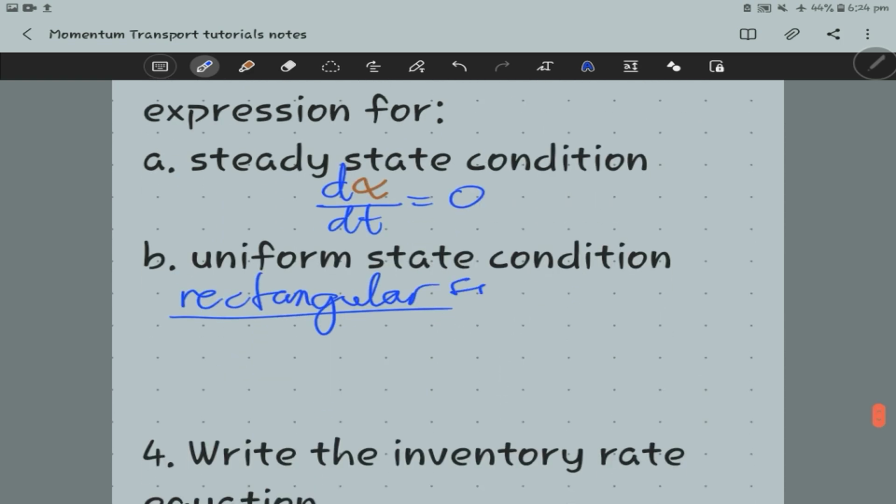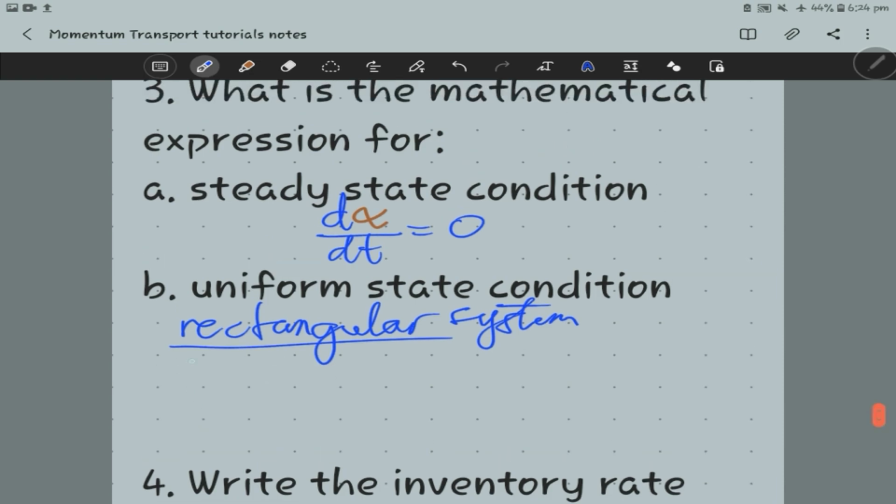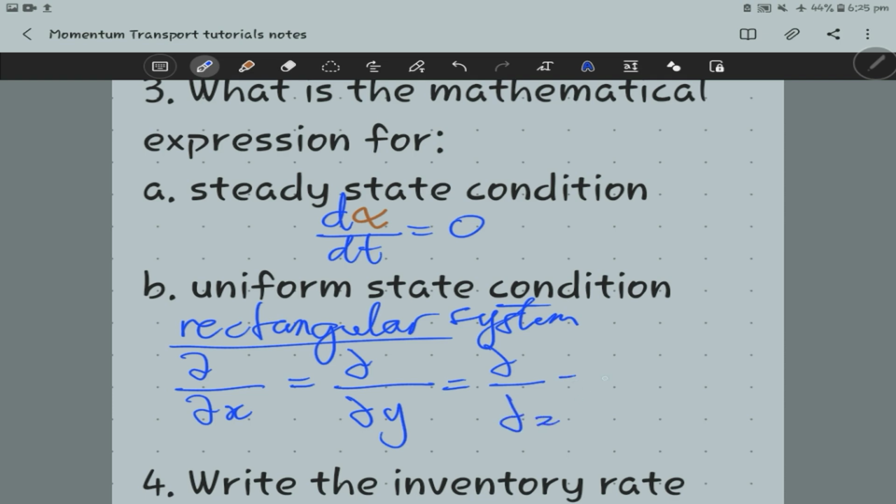That will be the quantity changing, and because here we are taking on different things, it will be a partial derivative, right? In a rectangular coordinate system, one of the sides will be x, and then we have the conserved quantity changing with respect to y, and then the conserved quantity changing with respect to z, all this equal to 0, right?